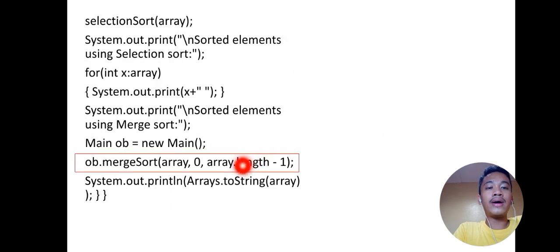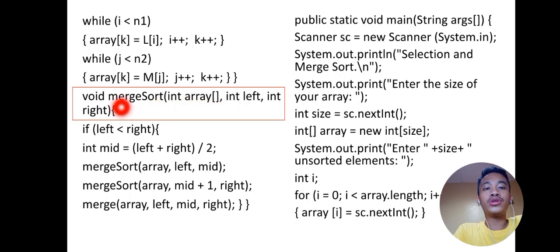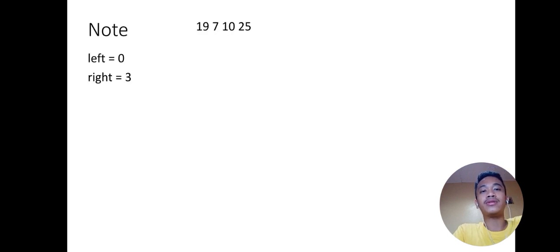The parameter values right here will be passed to our merge sort method, so int array and int left. The value of our int left is 0 and the value of our int right is r.length minus 1, so that would be 3. That is why we have left is equals to 0 and right is equals to 3.